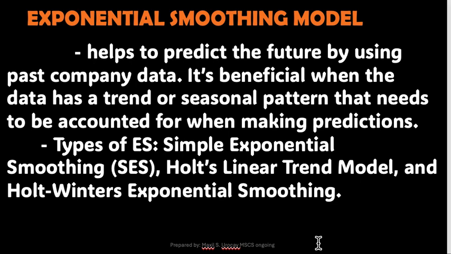And if the data has no seasonality and no trend, there is a specific type that will deal with that as well. And especially when it comes to only a trend, there is a specific type that will deal with it.